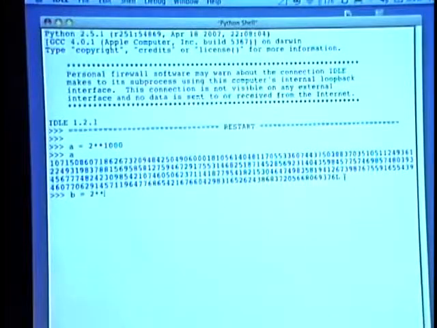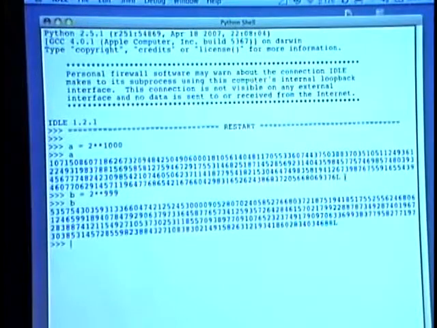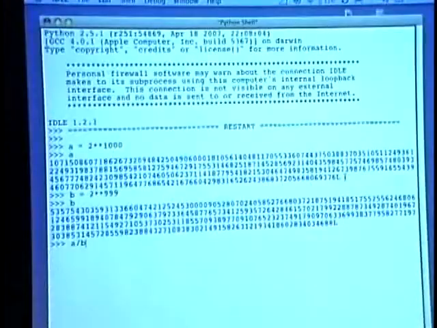Okay, let's look at another interesting example. Suppose I set b equal to 2 raised to the 999th power. I can display b, and it's a different number, considerably smaller, but again ending in an L. And now, what do you think I'll get if we try a divided by b? And remember, we're now doing integer division. Well, let's see.